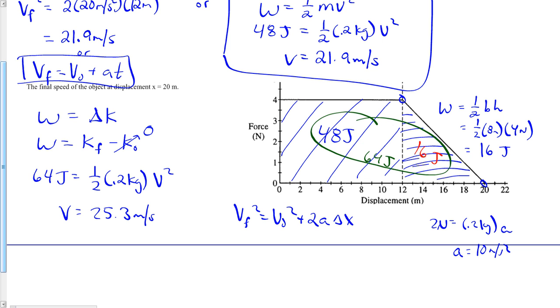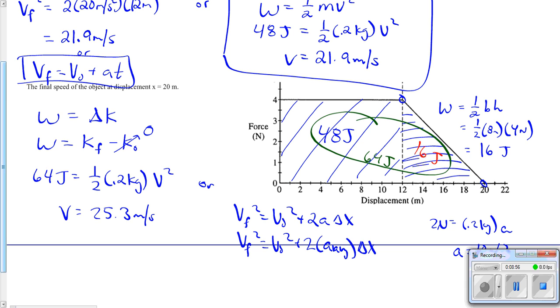Yeah, average force, you got 2 newtons for the average force. 0.2 mass, so 10 goes in there for a, yeah. So you could also do this. Final velocity squared equals initial velocity squared plus 2 times average acceleration times change in position. Yep. So work-energy theorem or find average acceleration. All kinds of different methods for solving that particular question.